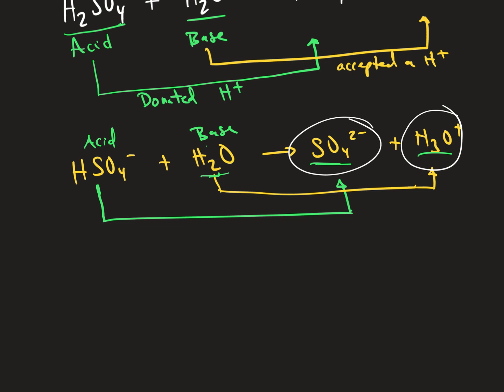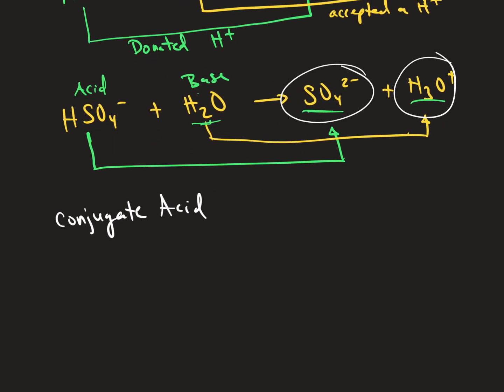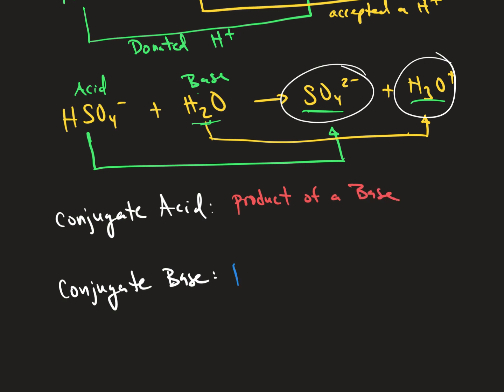So we call these conjugate acids and conjugate bases. So a conjugate acid is the product of a base, and the conjugate base is the product of an acid.